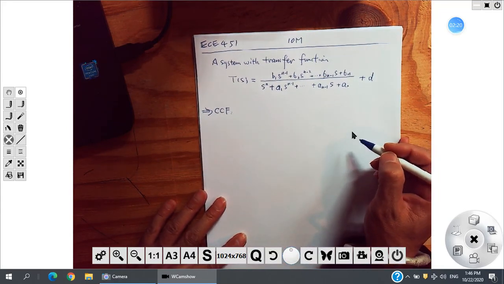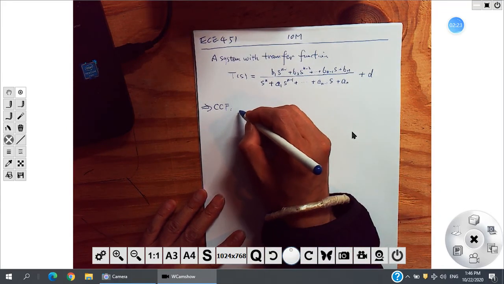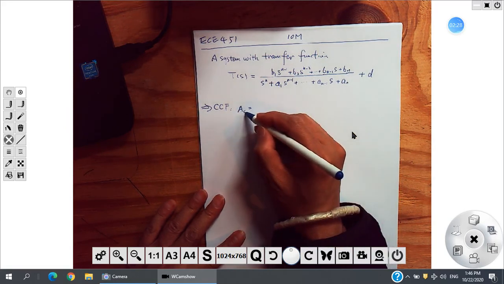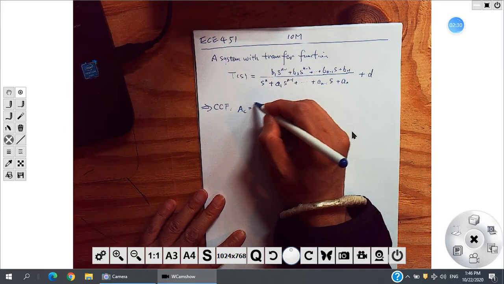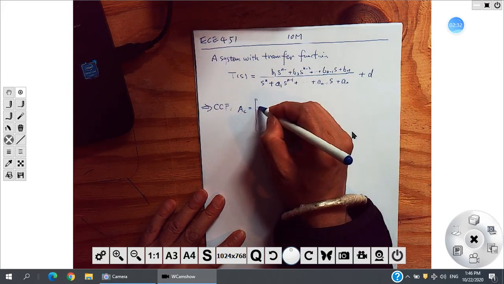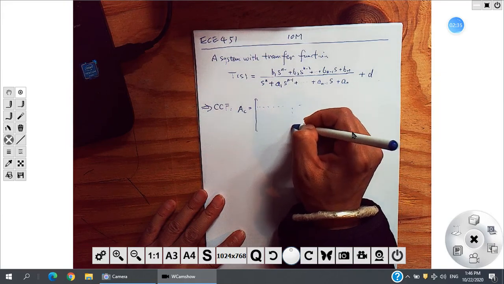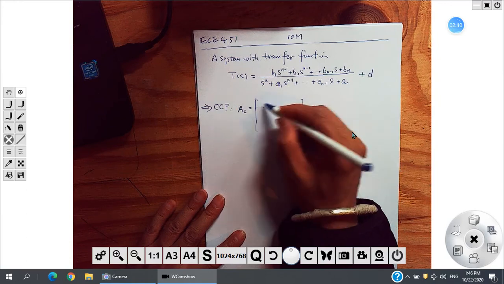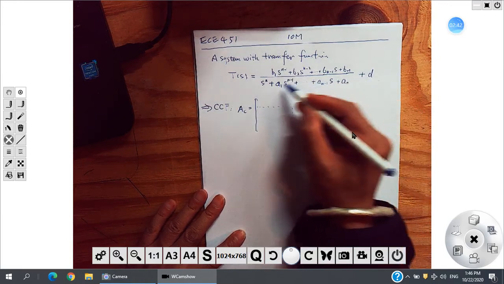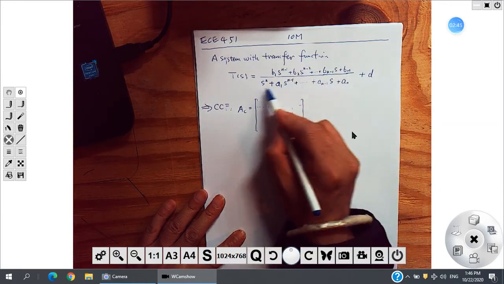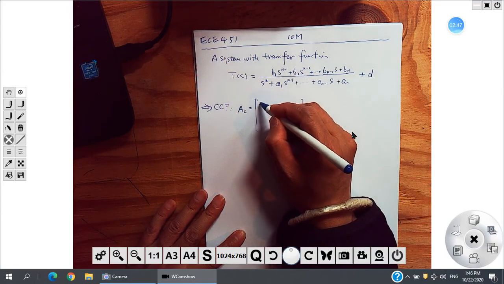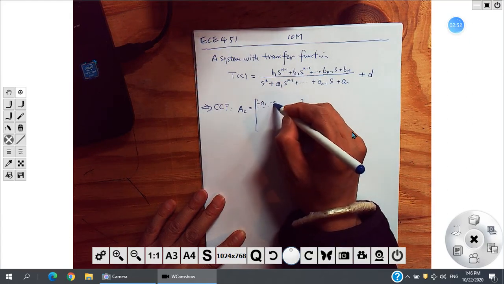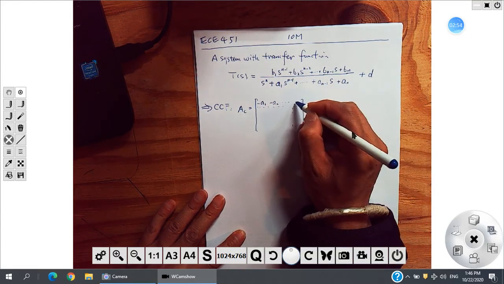of the system. We have four matrices, where CCF means the controllable canonical form. This matrix contains three parts. The top row comes from the denominator of the transfer function: negative a1, negative a2, until negative an.